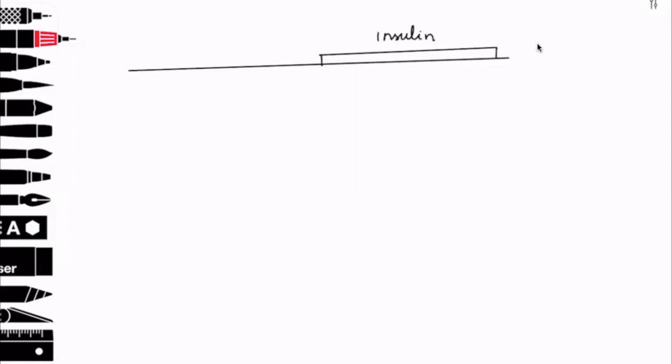Any gene will have a promoter region which controls the expression of its gene. Whenever there is a signal from outside the cell to produce insulin, an RNA polymerase comes and binds to the promoter region.